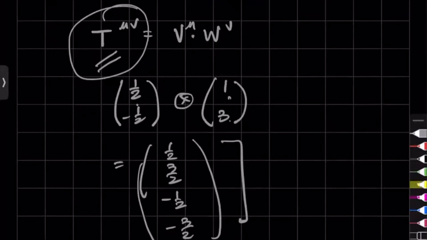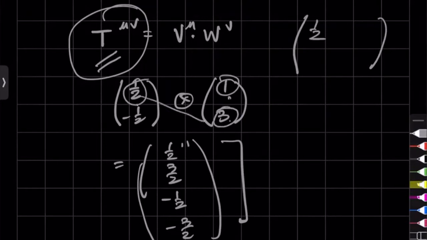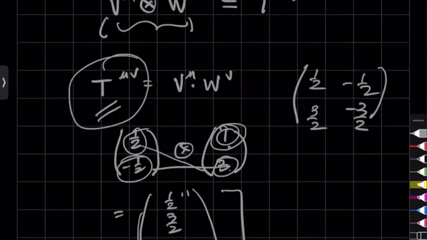So for example, this is like the 1-1 component, and you could have also written it like this: this times this is half, this times this is 3 half, whereas this times this is minus half, and this times this is minus 3 half, right?